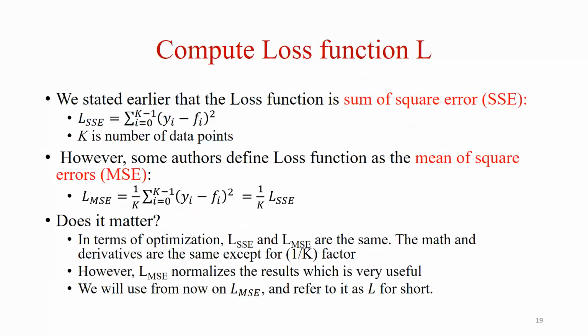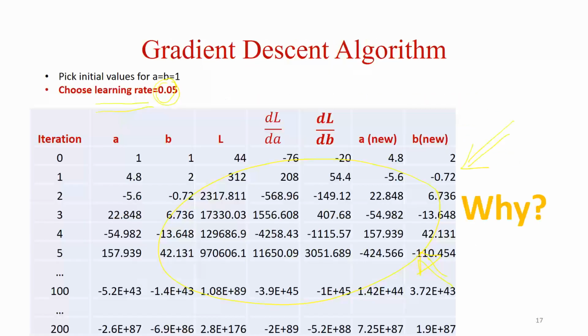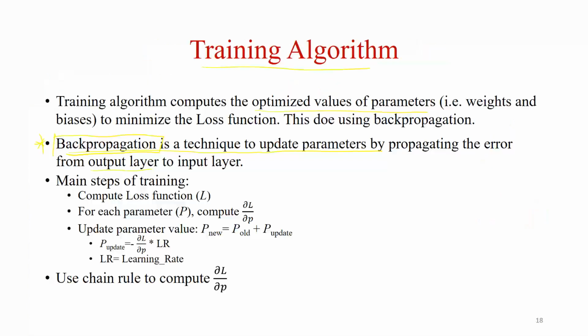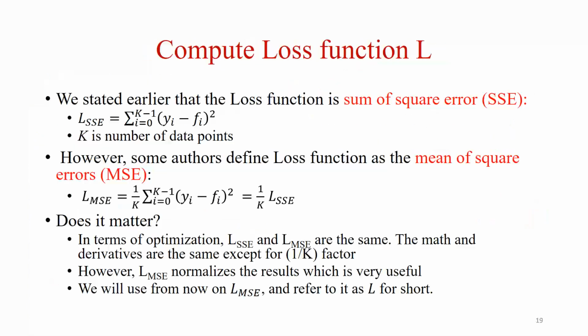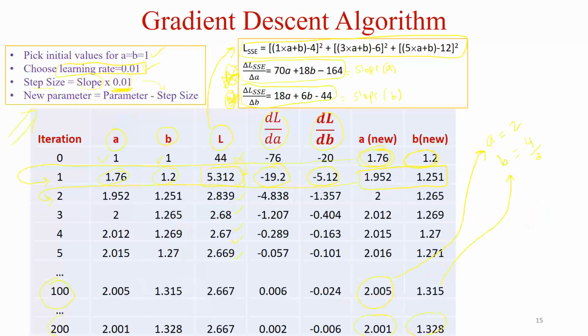In the example that I gave you, we calculated these equations. Let's see if I can go back here. You see these equations right here? We calculated these equations, and we calculated the derivative of these equations. For large models, these equations become very, very complex.